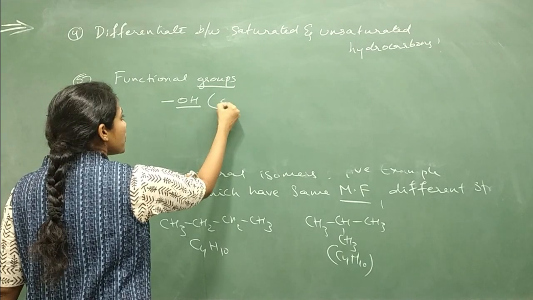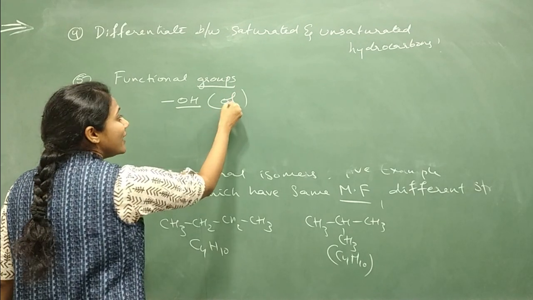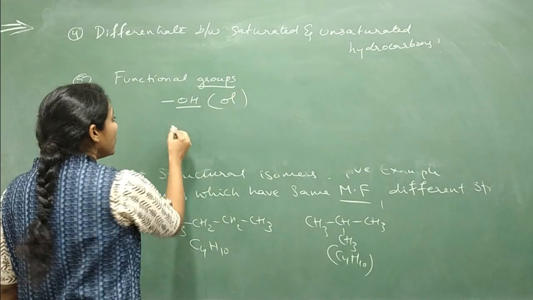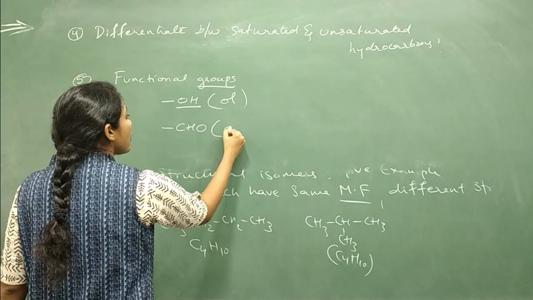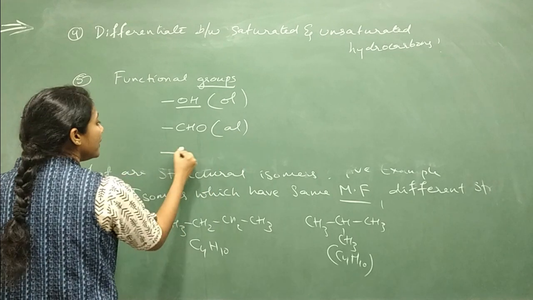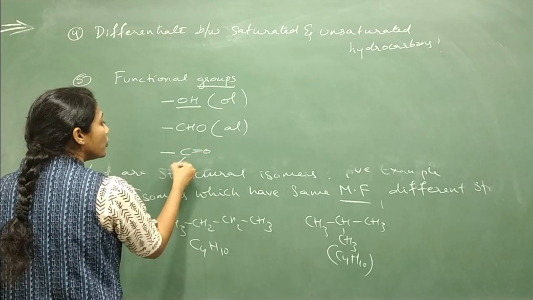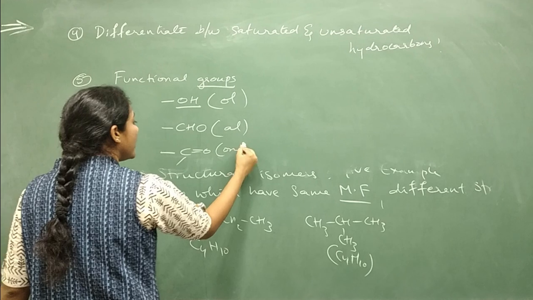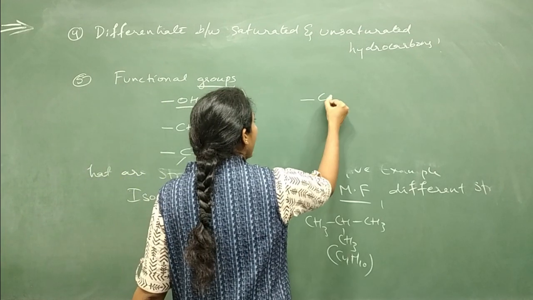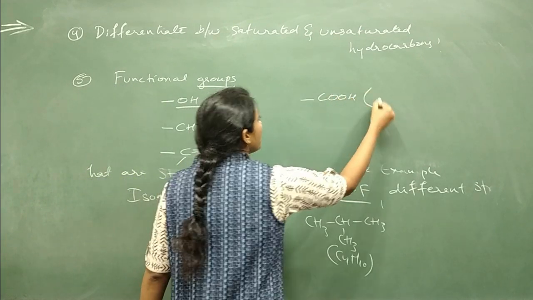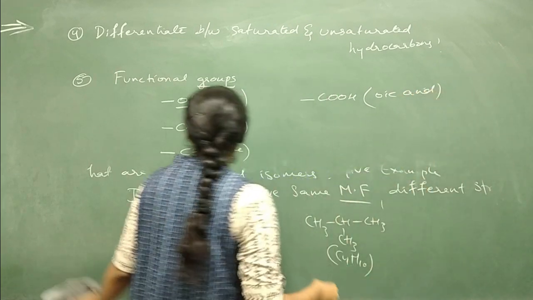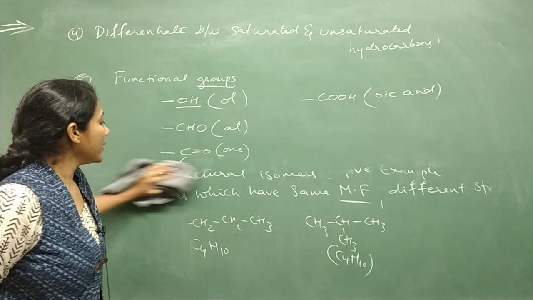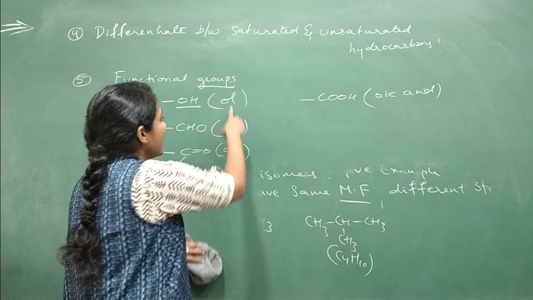OH group, which is named ol. It is called the alcoholic group. Another group is CHO. It is called al. And you have the C double bond O group, which is called one. And you also have the COOH group, which is called oic acid. So these are some important functional groups and their names.